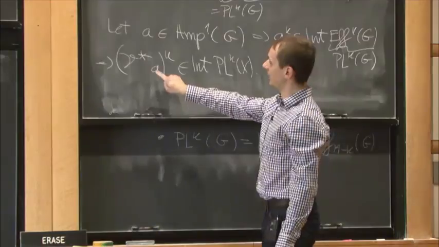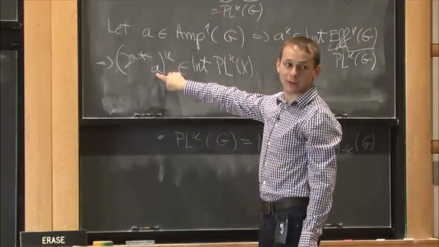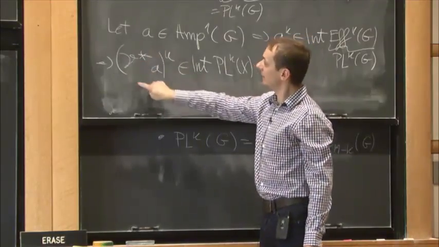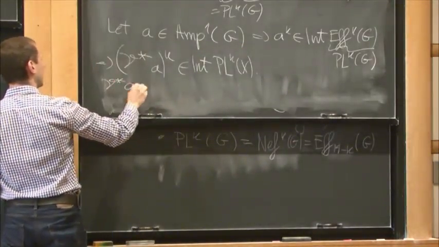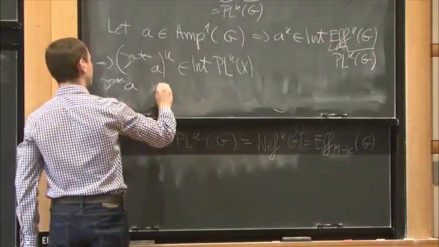So we don't really know that the pullback of A is ample. We only know that it's nef. But the claim is that this is enough. So because A is ample, the pullback is nef.